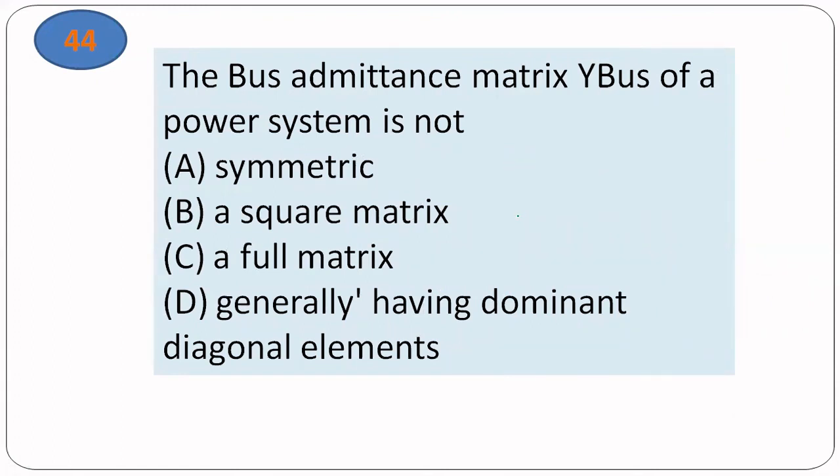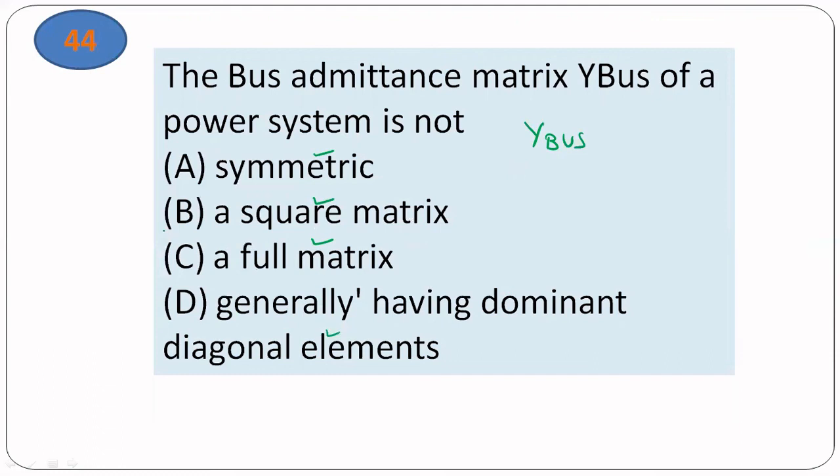So the admittance matrix of the power system is not... You can ask why it possesses certain characteristics. It is actually a symmetric, square matrix, generally having dominant diagonal elements.